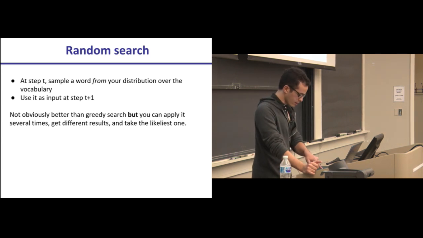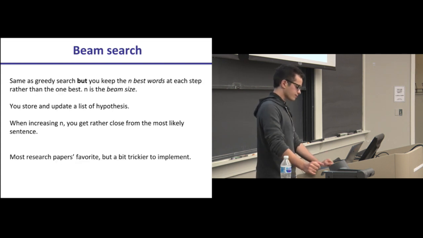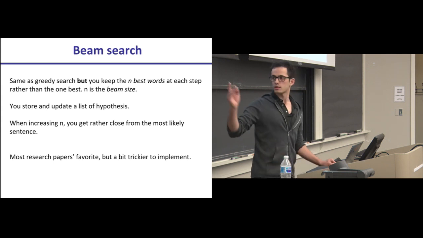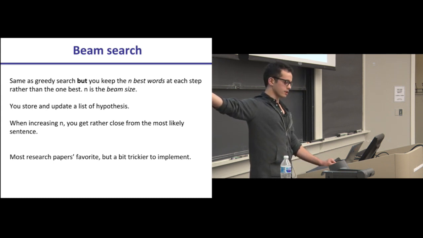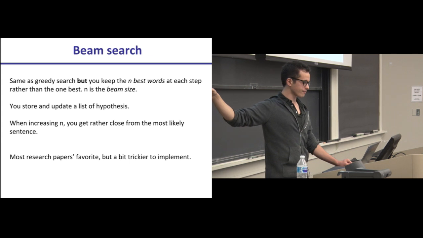But the one you see most in all of the papers about text generation is beam search. So beam search is pretty much the same principle as greedy search, except instead of taking the one argmax at every step, you keep the n best ones. So let's say 10. So at every step, at step 1, you take the 10 best candidates for W5.